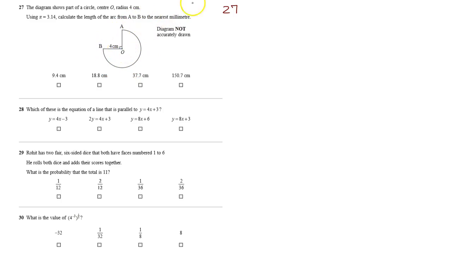This angle is 90. So we know this angle is 90 and this angle is 270. So 270 over 360 times 2 pi r, and multiply 4.